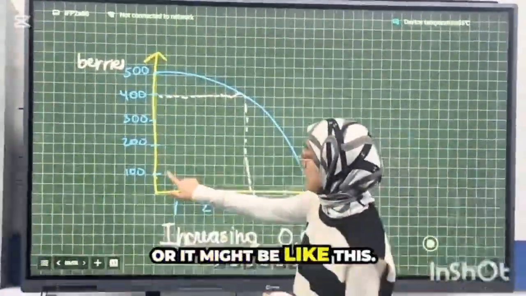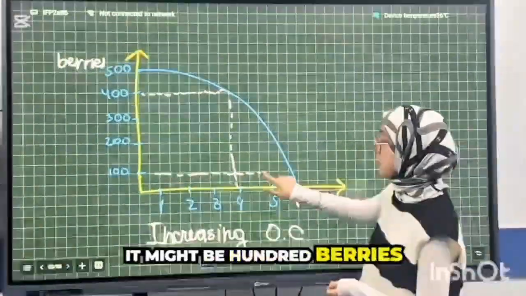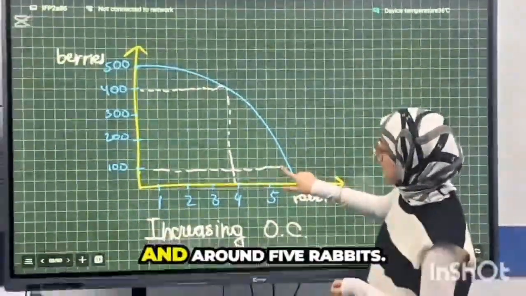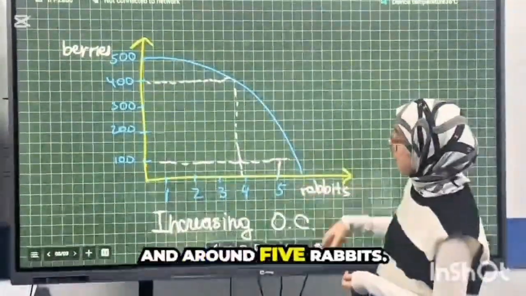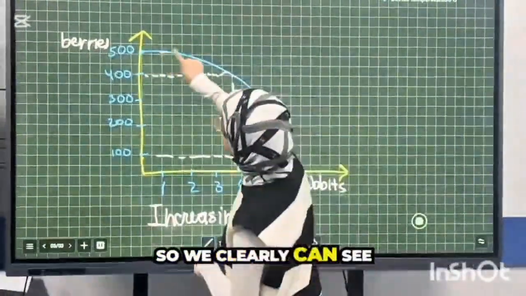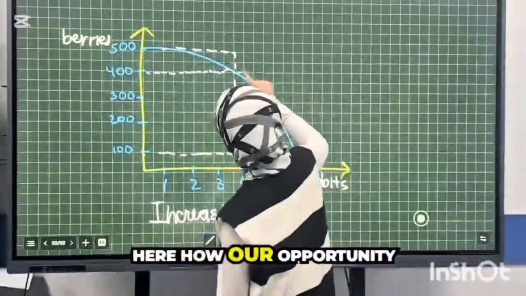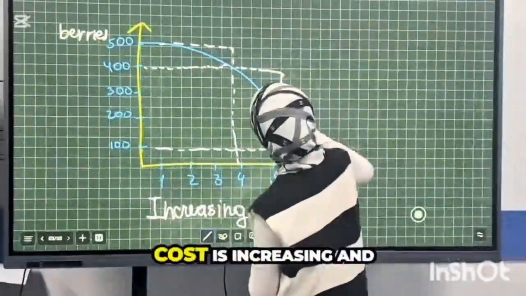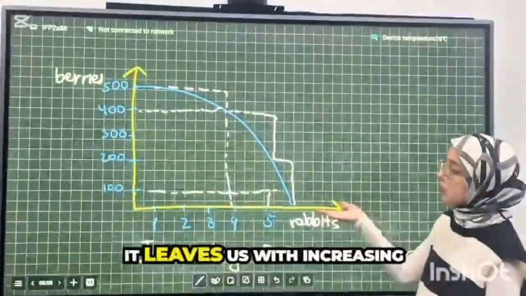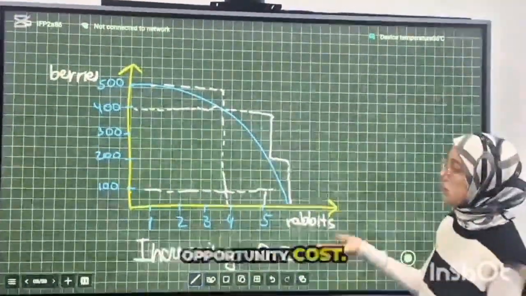Or it might be like this. It might be 100 berries and around 5 rabbits. So we clearly can see here how our opportunity cost is increasing, and it leaves us with increasing opportunity cost.